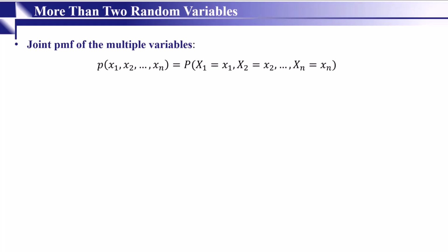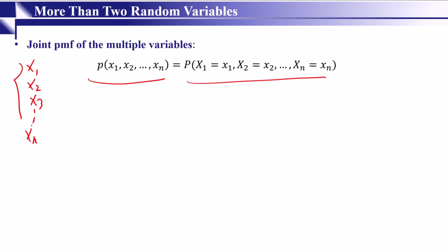When dealing with more than 2 random variables, we define a joint probability mass function. For random variables like x1, x2, x3 up to xn, the joint PMF that we show in this way describes their combined behavior. This generalizes our two variable framework, allowing us to model complex systems.